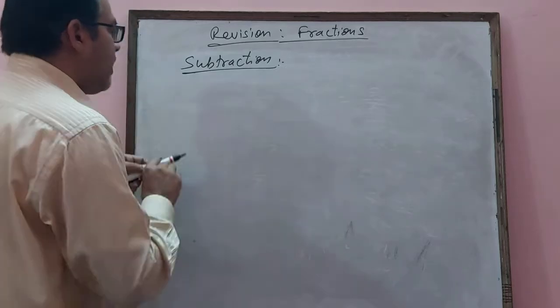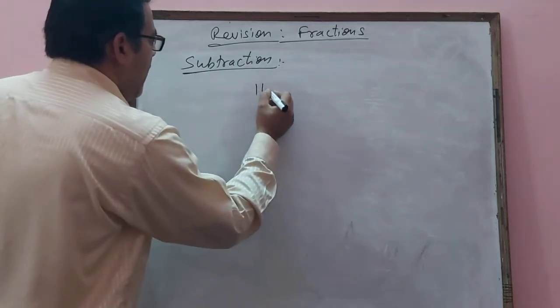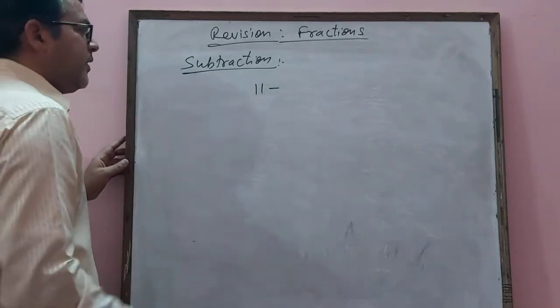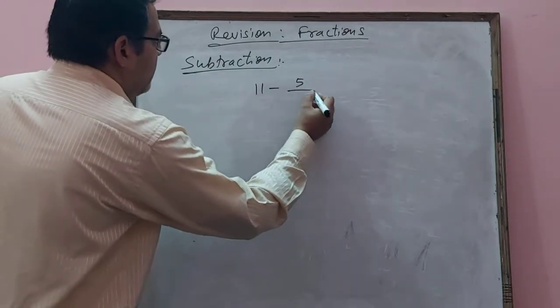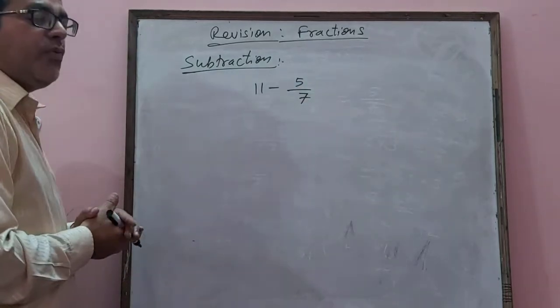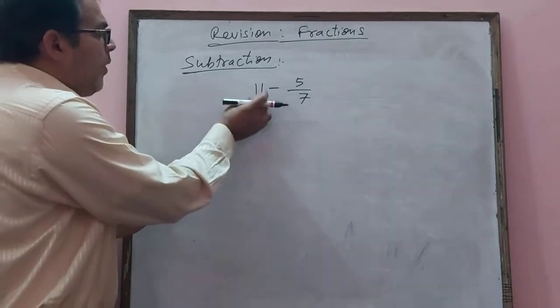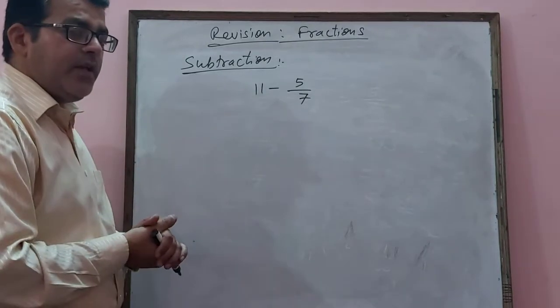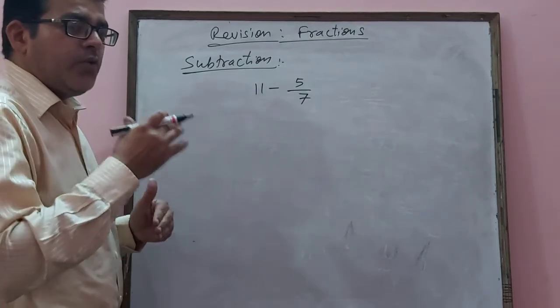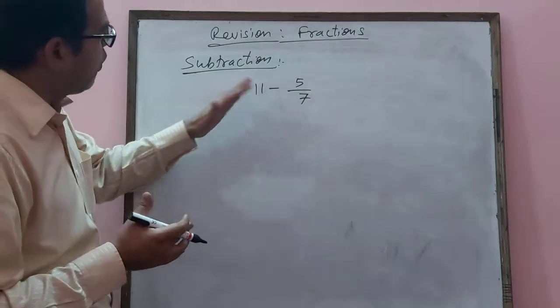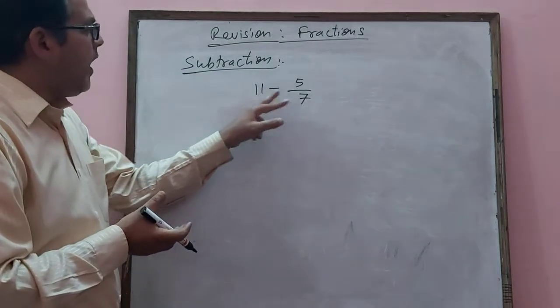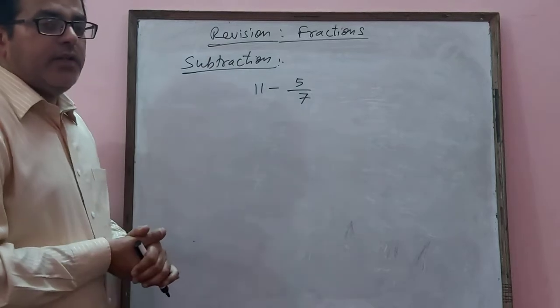Now in this example we are going to subtract 5 by 7 from a whole number. 11 I am taking here deliberately because I want to revise how we can solve this. This is a whole number and we are going to subtract a fraction from it.